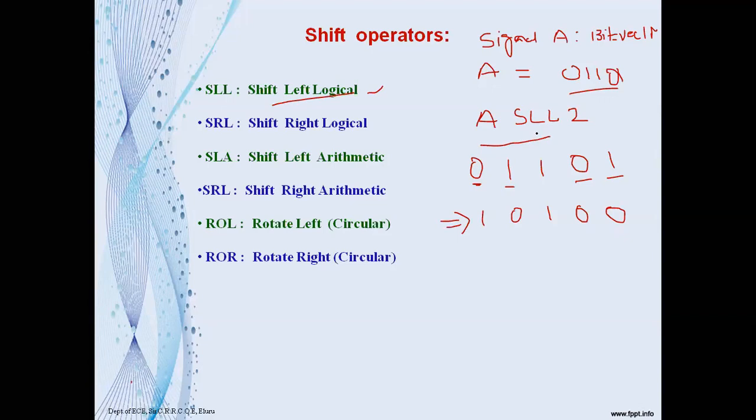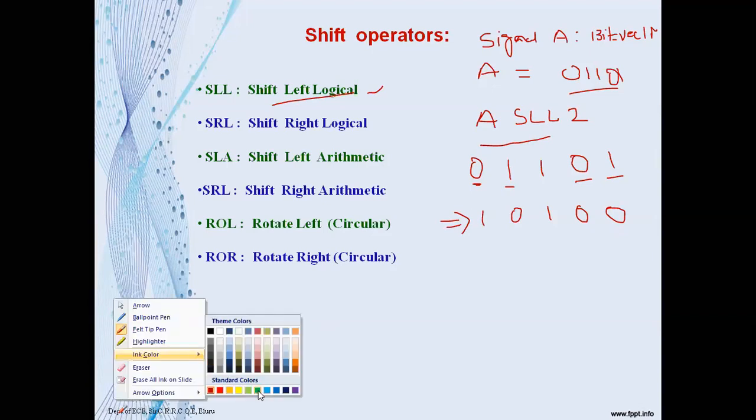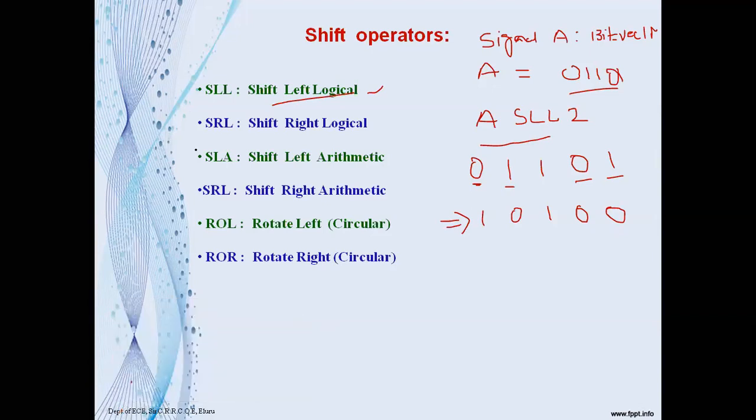That is A shift left logical. Now take the shift right logical. We are taking the same value and assigning the function A SRL, that is shift right logical, 2 times. We want to shift right 2 times. So what is the initial value?